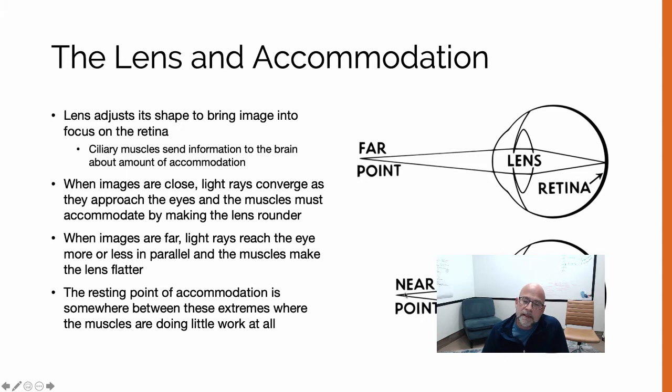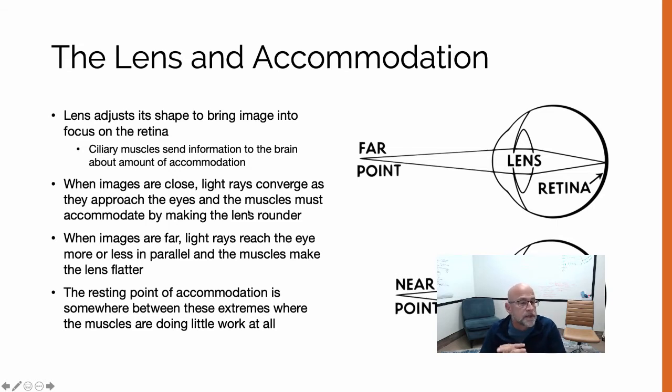When we're looking at something really close, it forces our lens to become fatter, rounder, all so that we can focus that information on the same point. The ciliary muscles have to do a lot more work to make the lens rounder, and as a result, they send information to our brain that they're flexing and contracting a lot more than in the situation where they're quite relaxed.